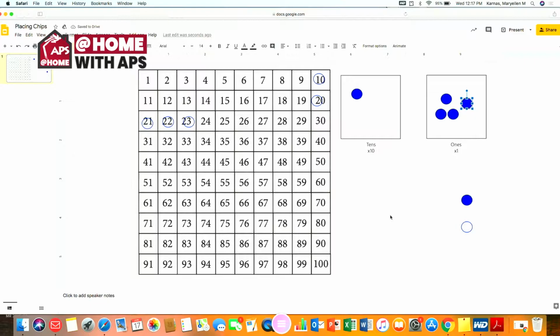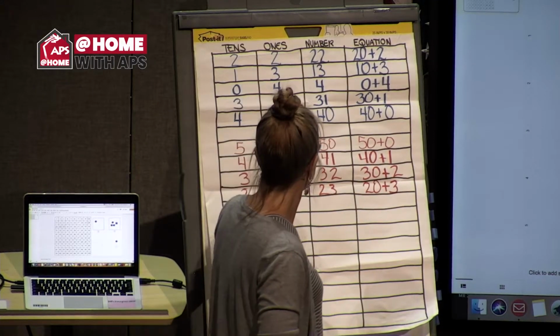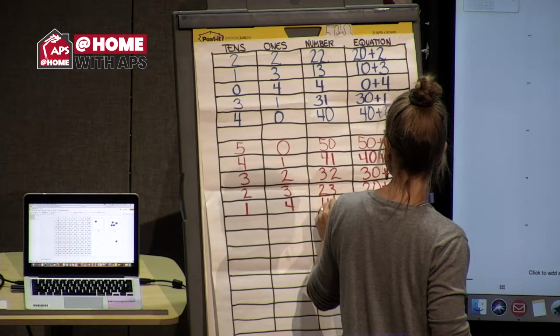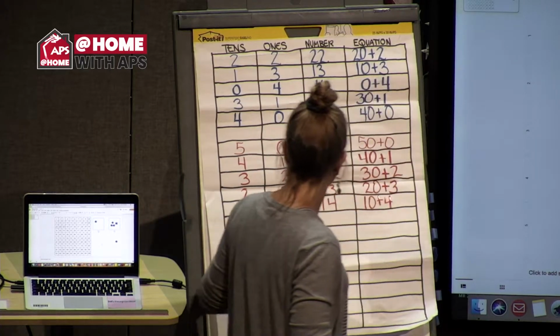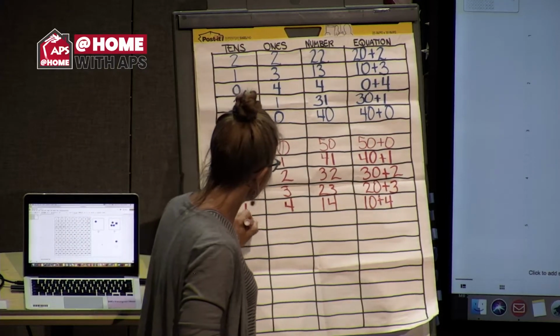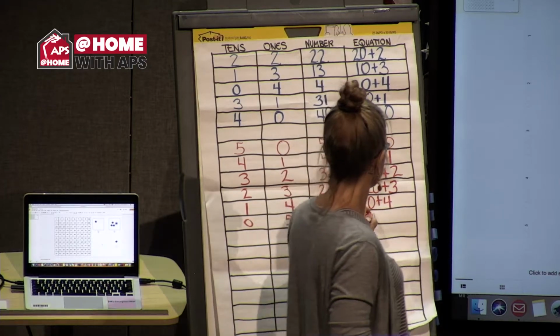So if I take 1 and I put it into the 1s, I have 4 in my 1s place, which makes 14 because 10 plus 4, right? So what happens if I move that last one? I'm going to have 0 10s. I'm going to have 5 in my 1s, so I'll have just 5.